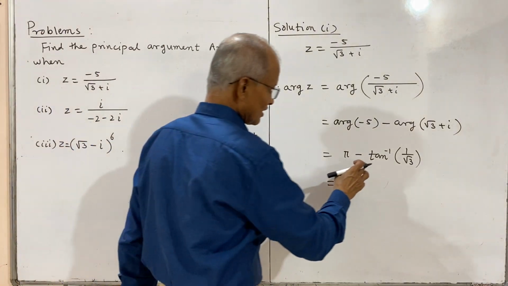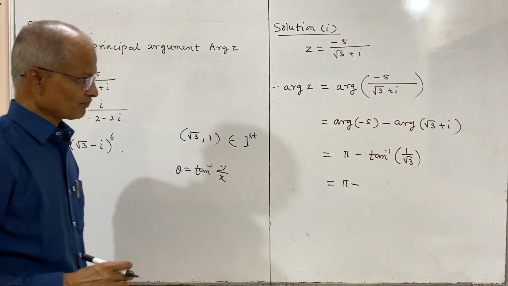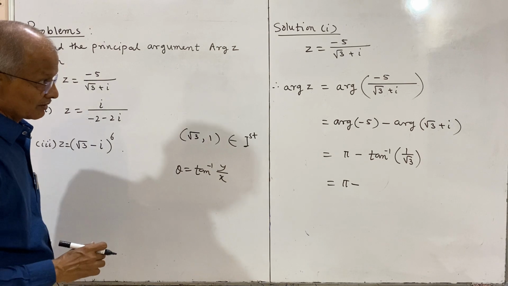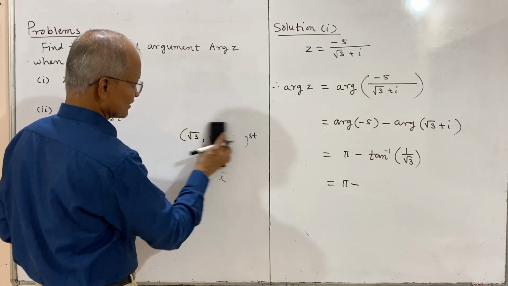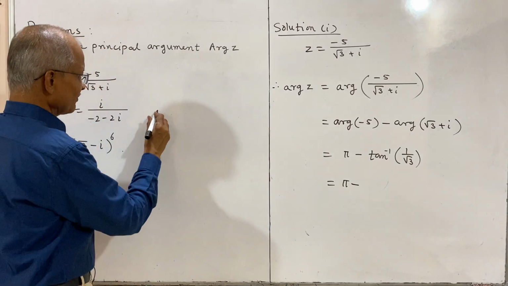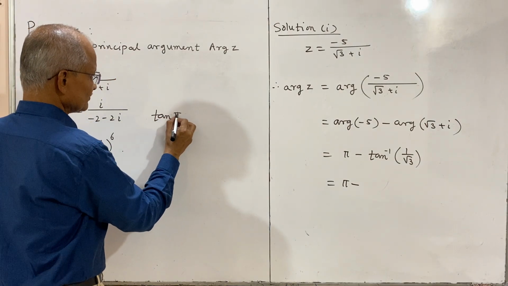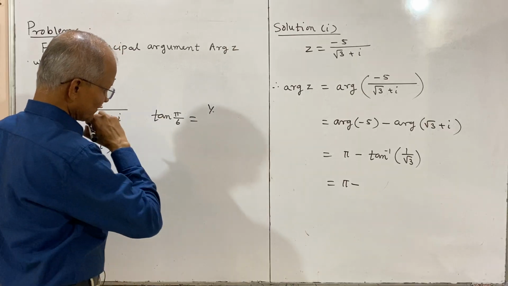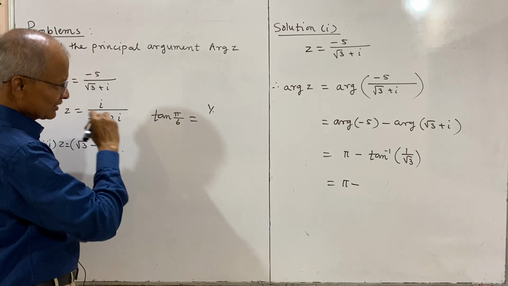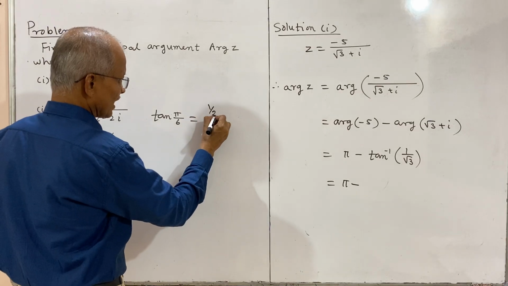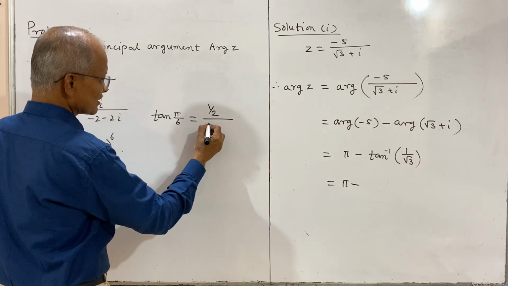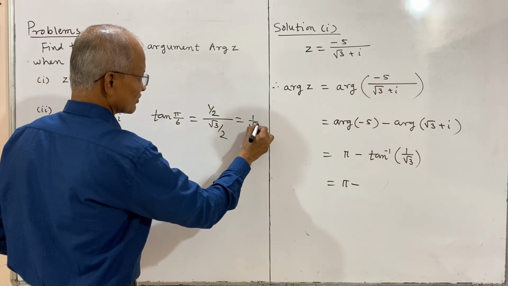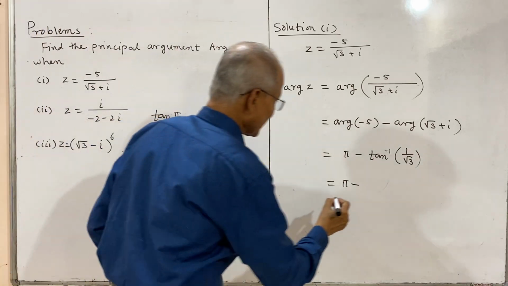We know tan 30 degrees, that is tan pi by 6, is sin pi by 6 upon cos pi by 6. Sin 30 is half, and cos 30 is root 3 by 2, and therefore it is 1 upon root 3.